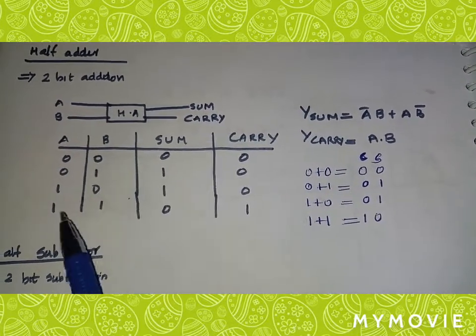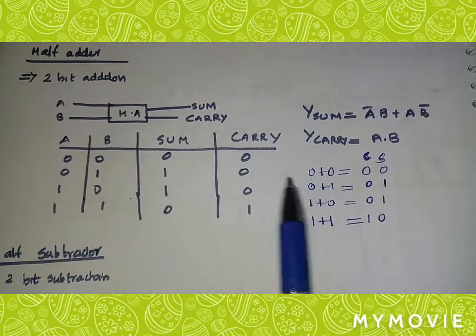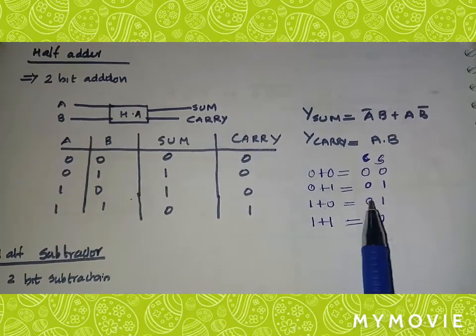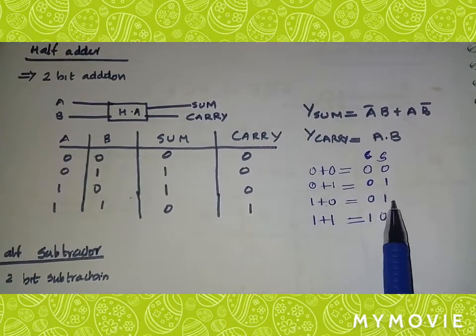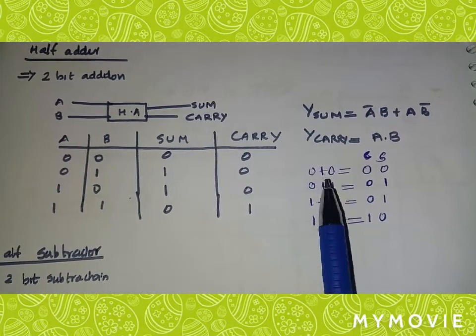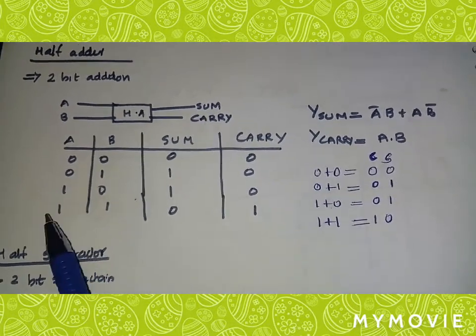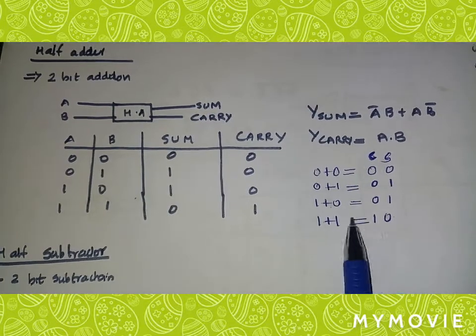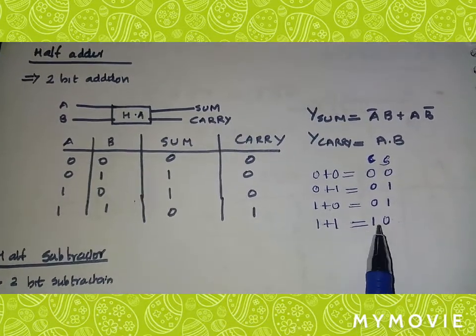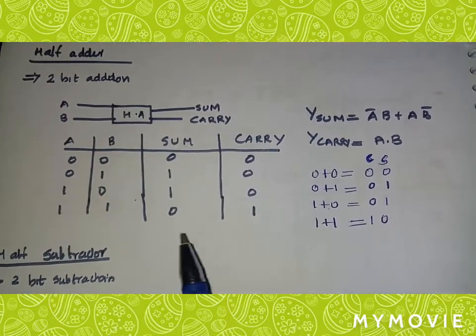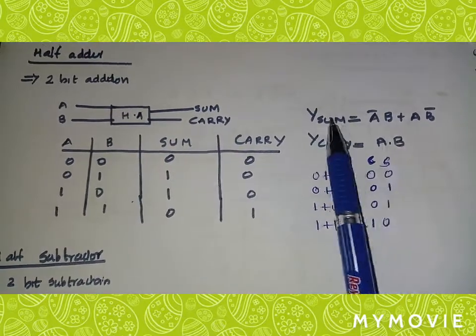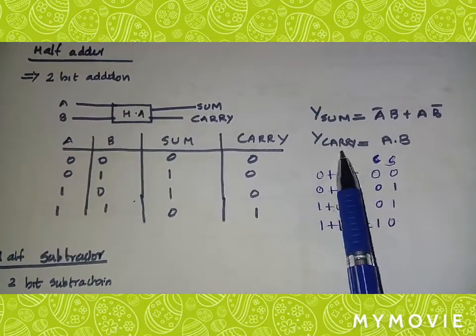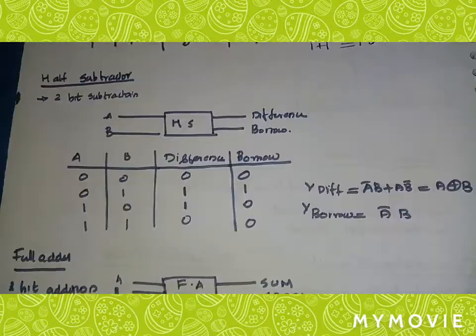For 1 and 0, 1 plus 0 is 1, so sum is 1 and carry is 0. And 1 plus 1 is 2, which in binary is 1 0, so sum is 0 and carry is 1. So Y sum is represented by A bar B plus A B bar, and Y carry is equal to AB.